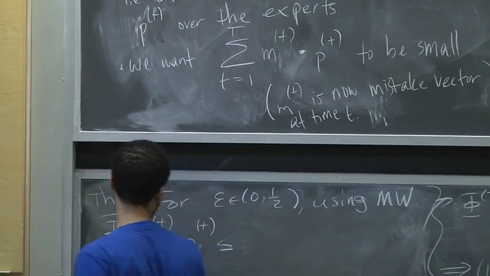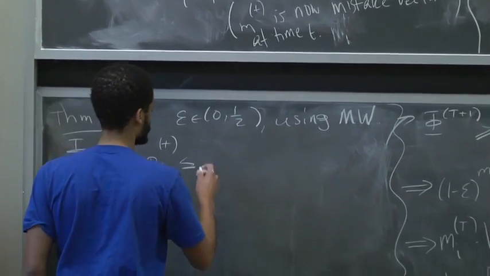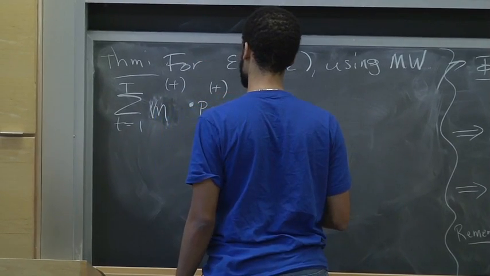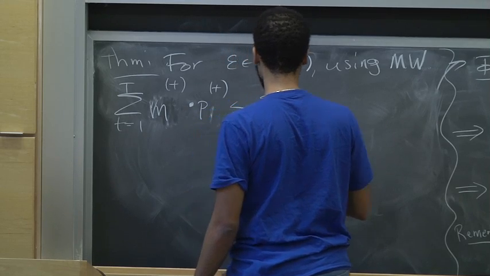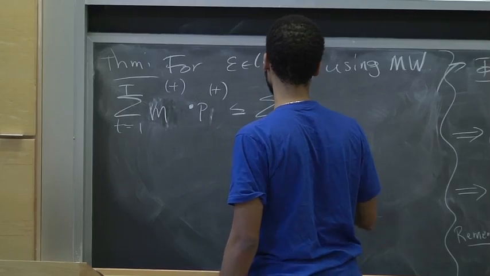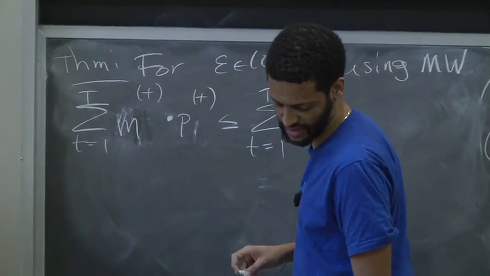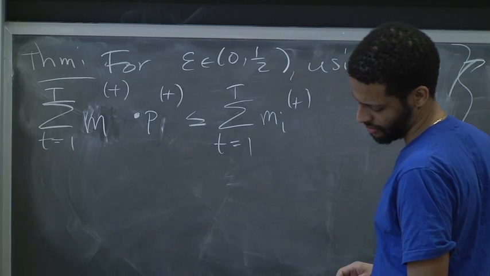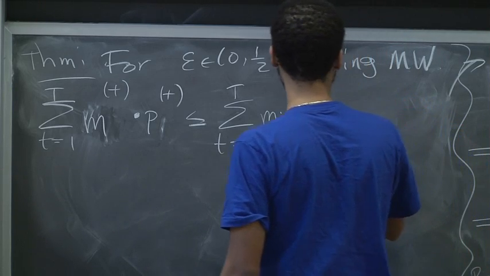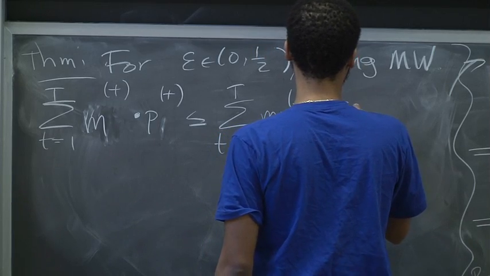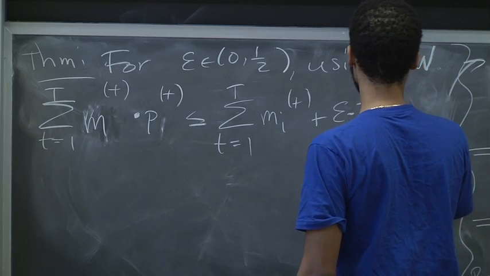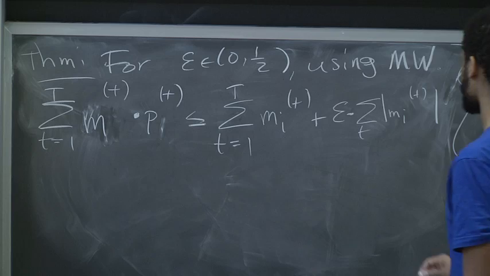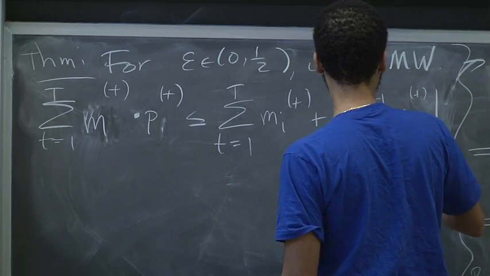So this sum of expected costs should be at most the sum, t goes from 1 to capital T, of the number of mistakes of person i. And then we're also going to get plus epsilon times the sum over t of the absolute value of mi of t, plus ln n over epsilon.